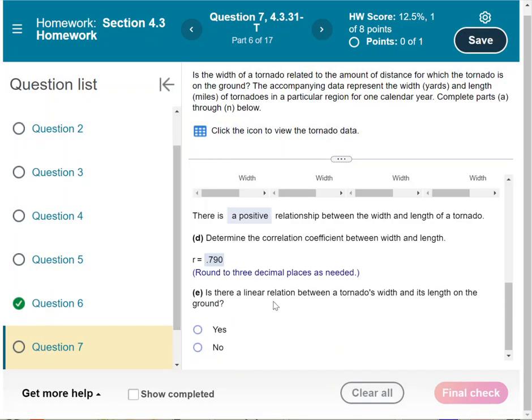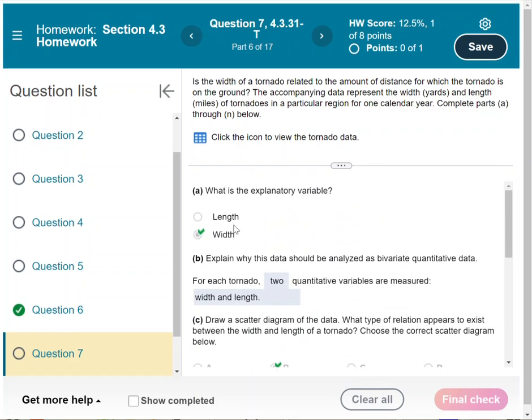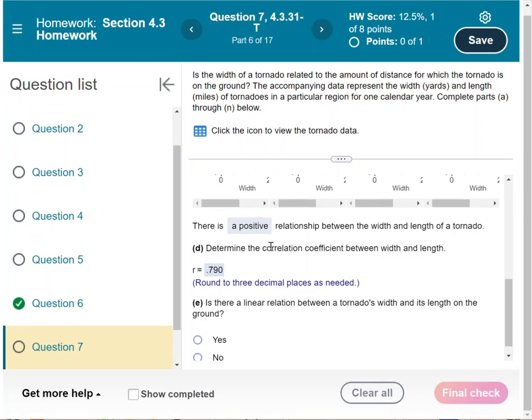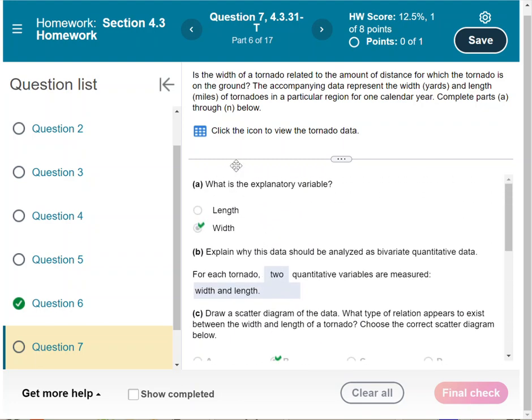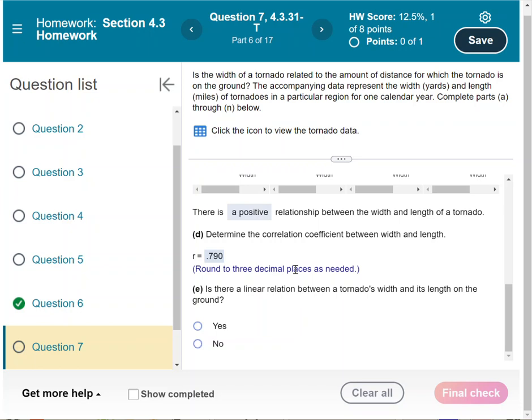Is there a linear relation between a tornado's width and its length on the ground? Now, I don't see that they gave us a chance to look for the critical value. I can't remember the name of it. So I'm going to say yes, just based on what we've done before.